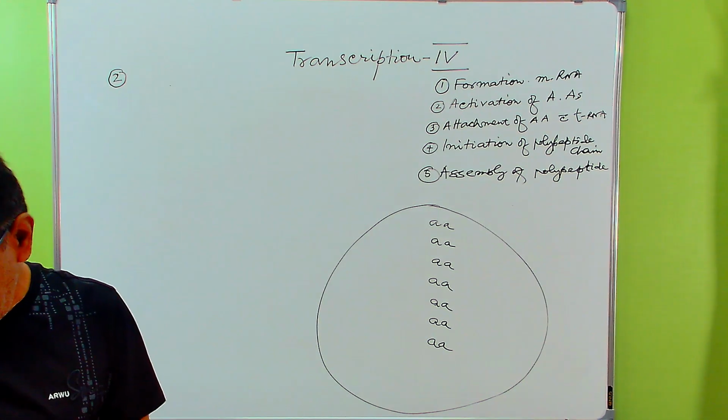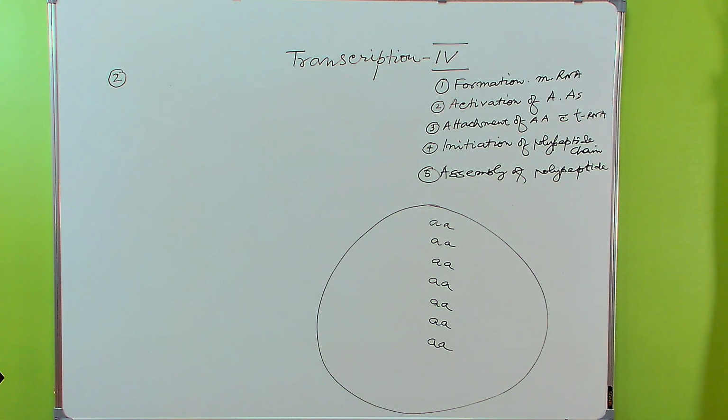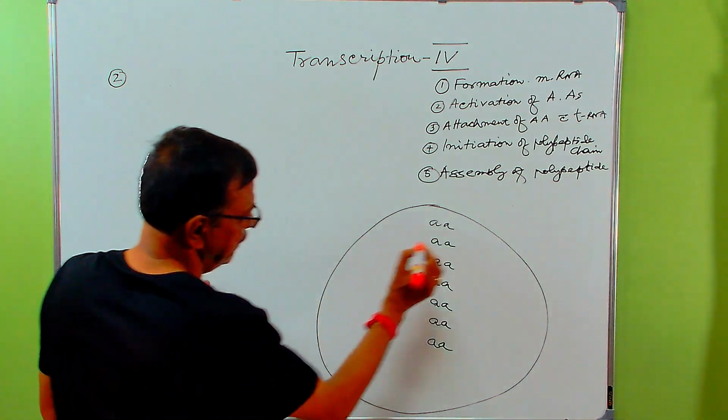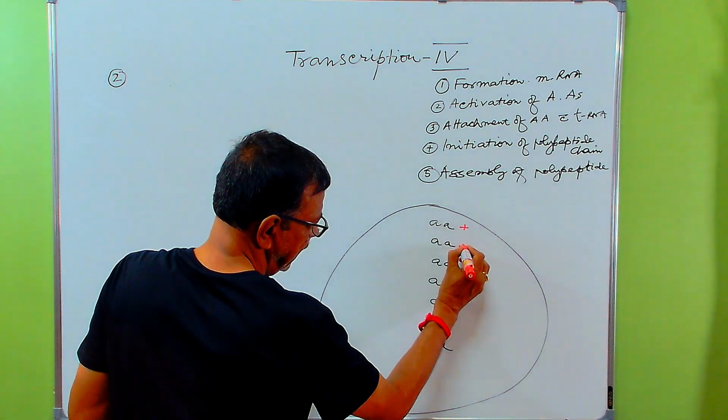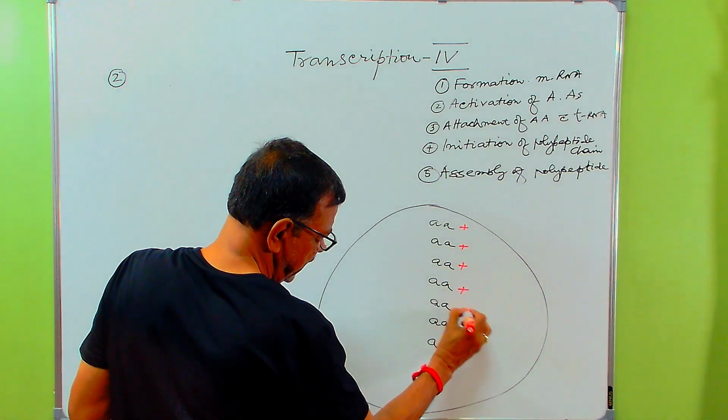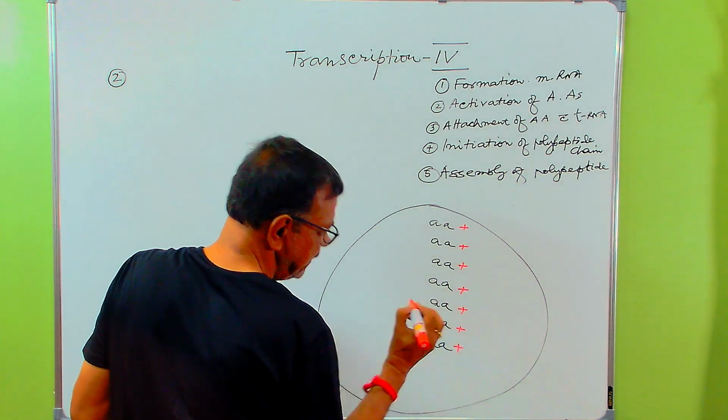There comes an enzyme. Clear? So there should be a minimum of 20 enzymes.